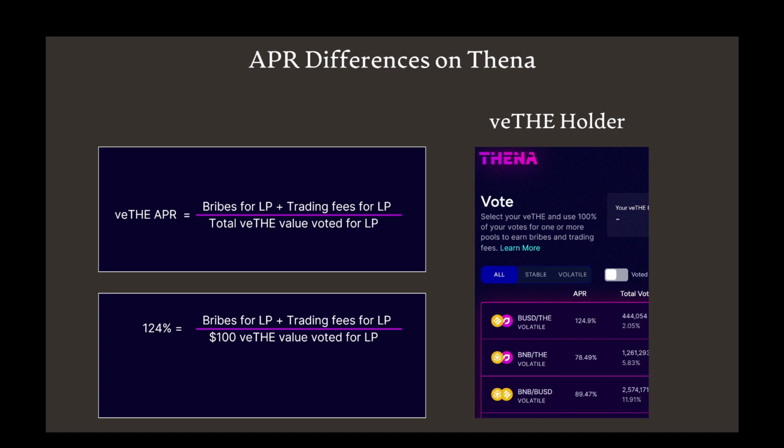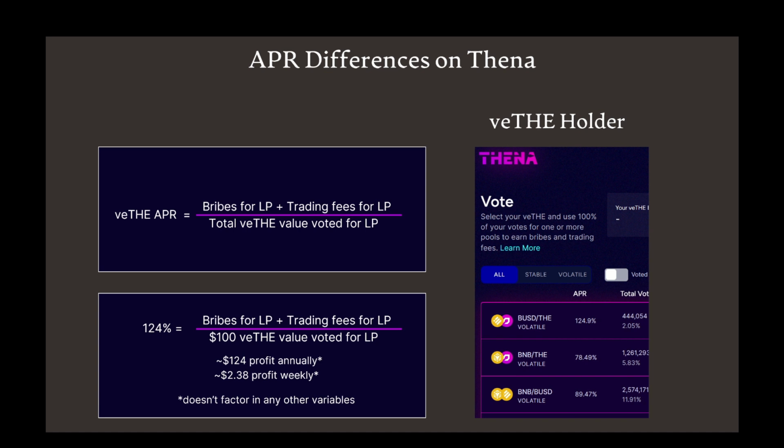Excluding factors such as token price changes, the fluctuation in the APR from week to week, etc., this would equate to roughly $124 profit annually. Or on a weekly basis, $2.38 weekly. Another difference is that the APR for VD holders contains a mixture of tokens including bribes and tokens from trading fees for LP. Bear in mind that these values can fluctuate quite significantly, so please do your own research before making any decisions.